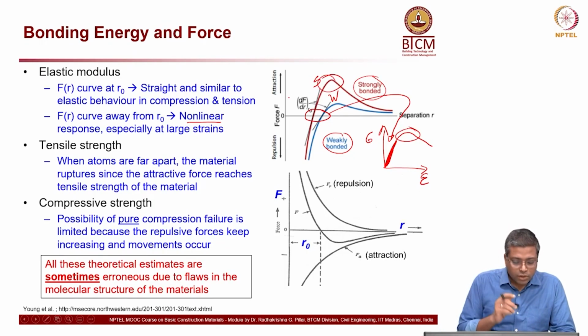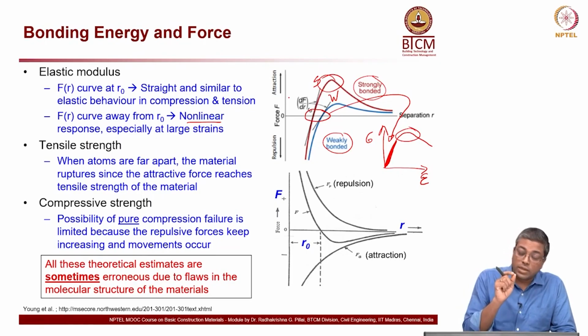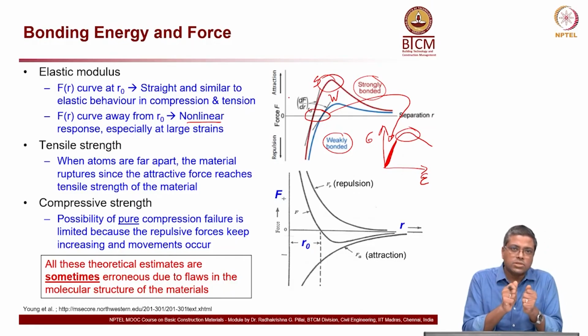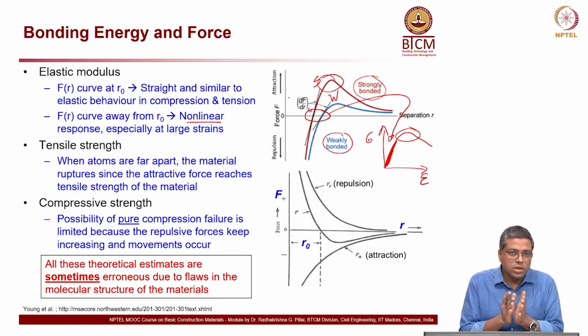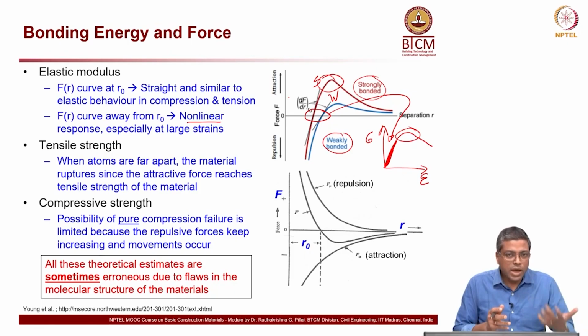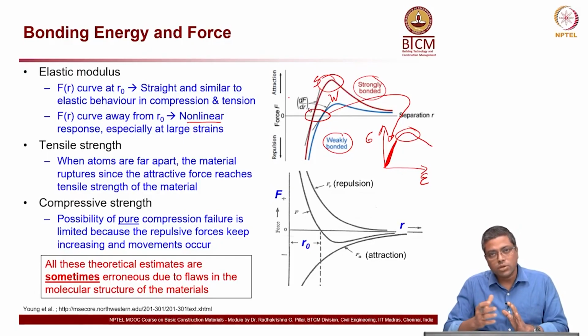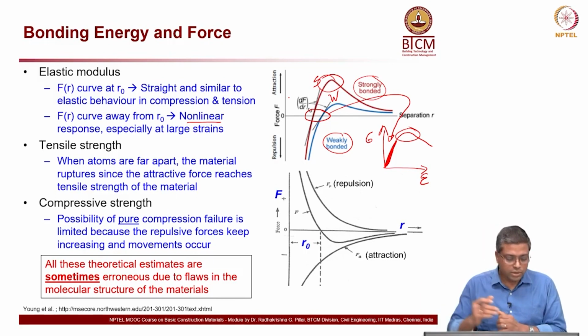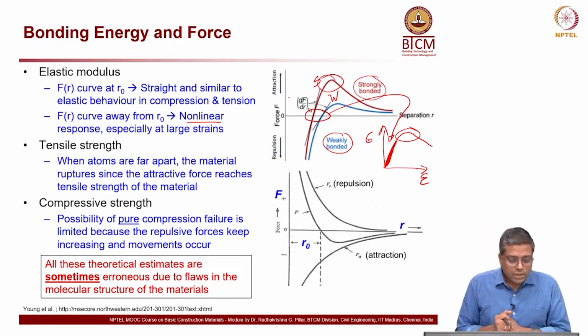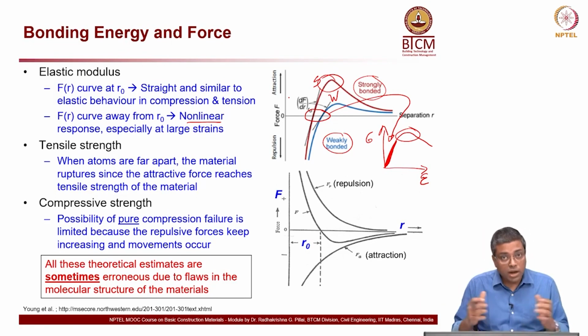At the beginning of the stretching you have very low strain, and at that point there will be a reaction from the material, which indicates the elastic modulus, and the curve is a straight line in that region. But as you keep pulling, the curve becomes non-linear. Now, tensile strength: when atoms are far apart, the material ruptures.